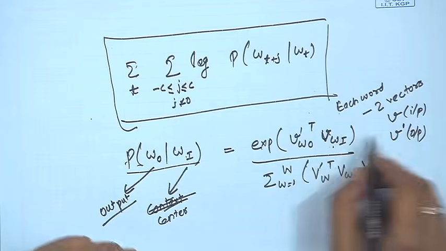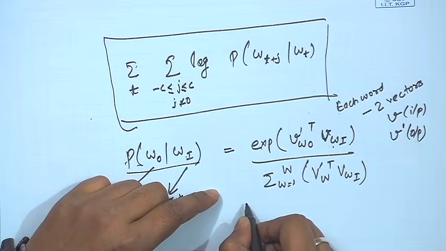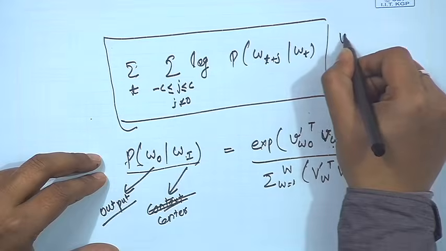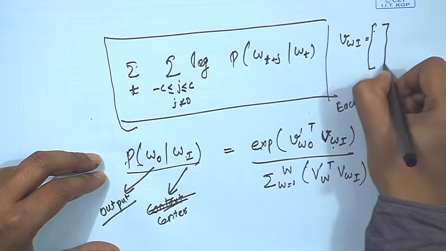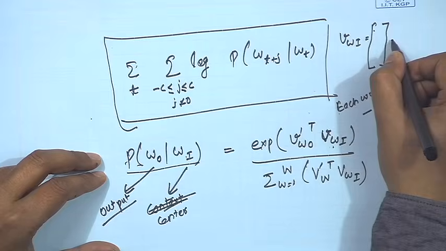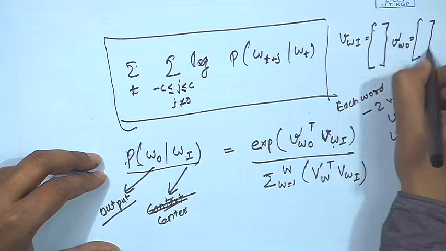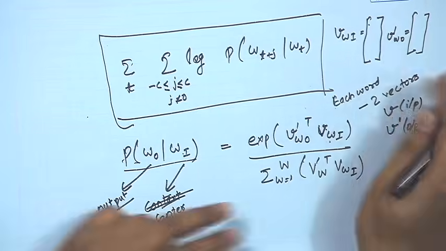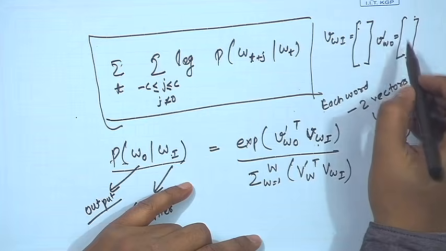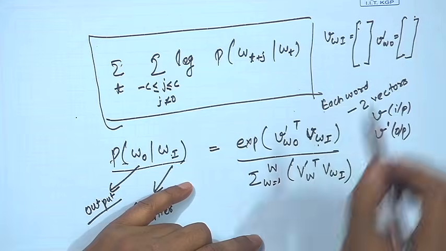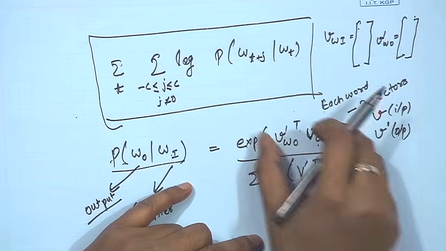Now both these vectors are column vectors, so V W I will be of this form, and V prime W O will also be a column vector. So how do I get a number by multiplying these two? I will take a transpose of this and multiply with this, and that is what I am doing here. V prime W transpose times V W I. That gives me a single number.